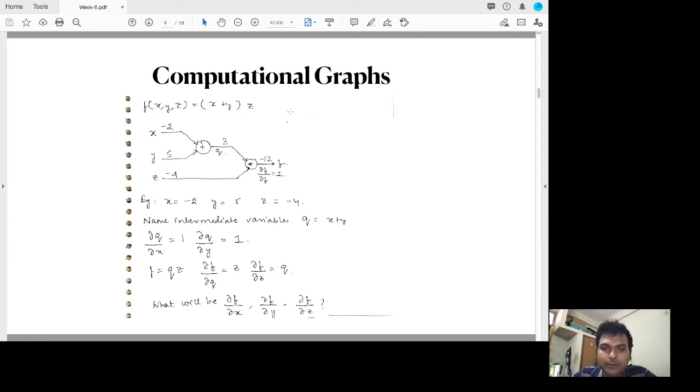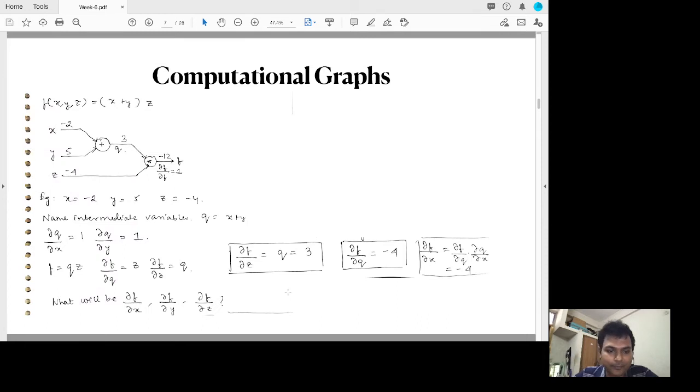So the first thing you need to do is take a derivative with respect to q, so that dou f of dou x can be written as dou f dou q into dou q dou x. Okay. See here, the rightmost term which I have written, that is the chain rule that I am talking about. That dou f dou x can be written equivalently as dou f dou q and dou q dou x, which is precisely equal to z.